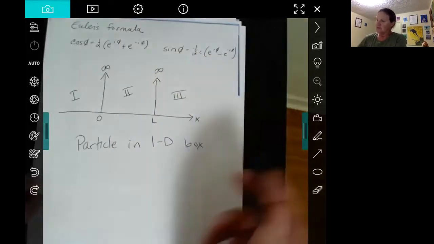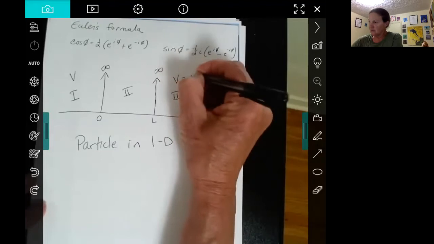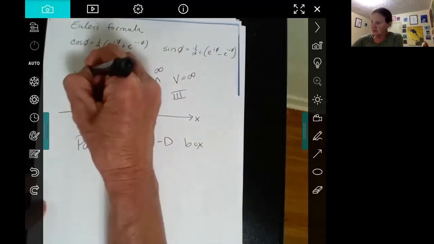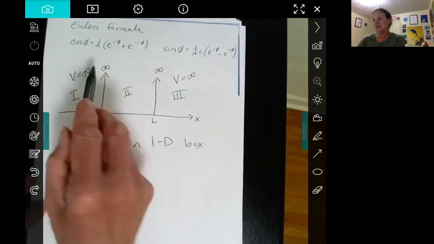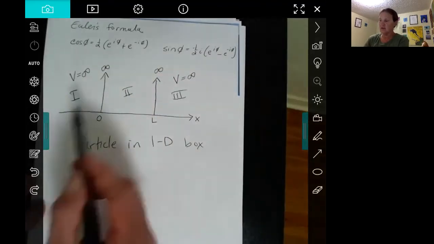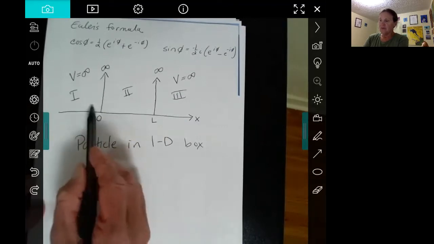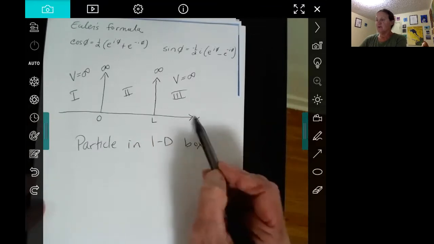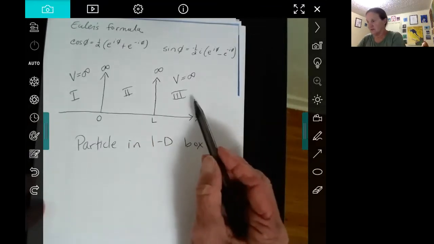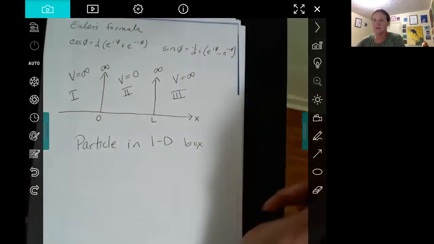So we have 3 different regions. In region 1 and in region 3, potential energy goes to infinity and stays at infinity forever. So outside of x equals 0, potential energy is infinity, and when you get above x equals L, it's also infinity. But when you're in the box, there is no potential energy.